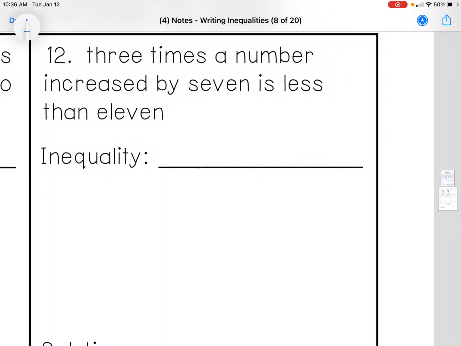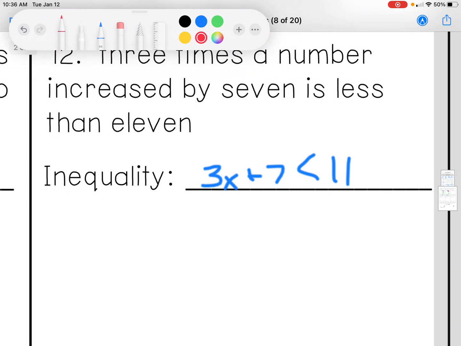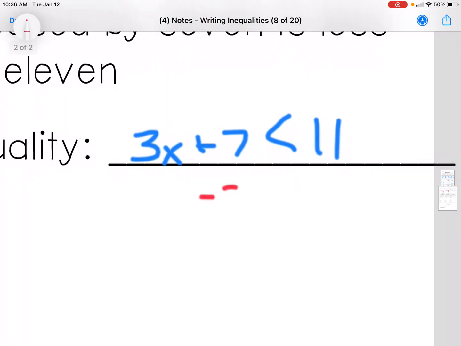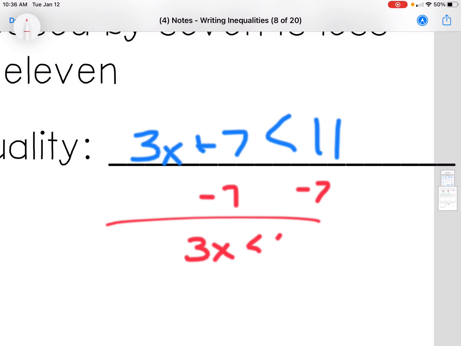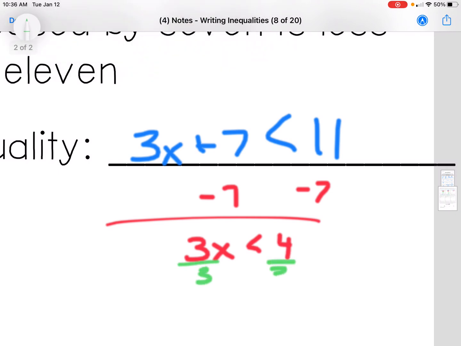All right, 3 times a number, so 3x. Increase means to add, plus 7 is less than 11. All right, so let's solve it. Minus 7. 3x is less than 4. Divide by 3.